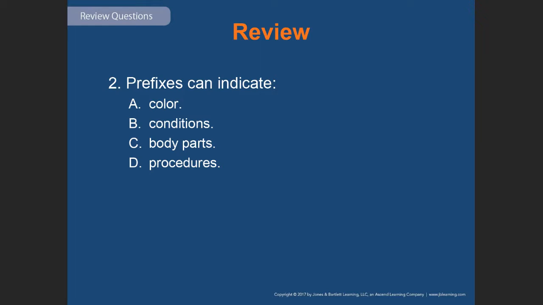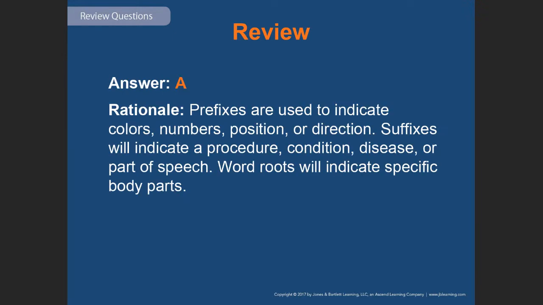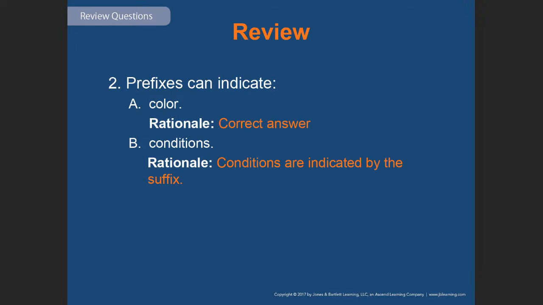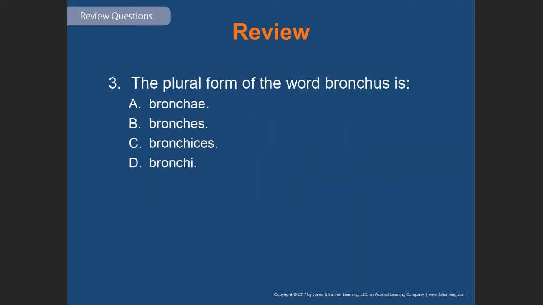All right, not hearing. A would be the answer. So prefixes are used to indicate colors, numbers, position, or direction. Suffixes will indicate a procedure, condition, disease, or part of speech. Word roots will indicate specific body parts.